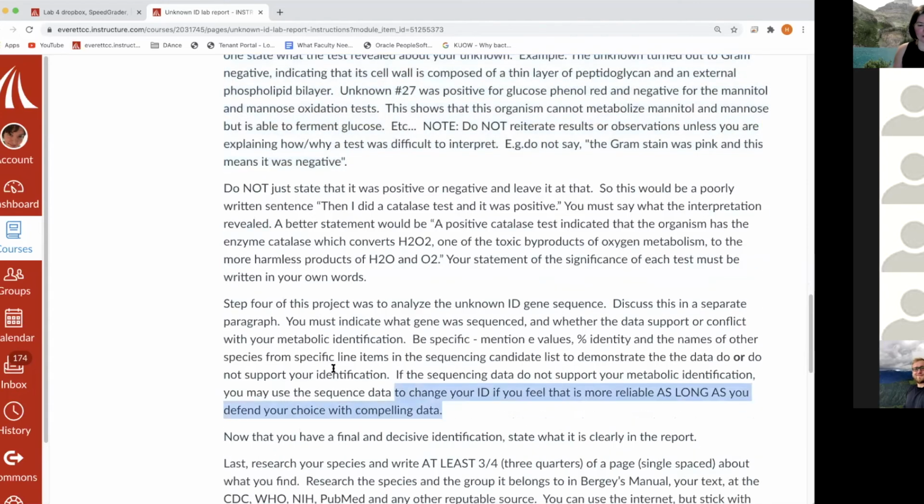This part here is optional, and if you did it, it's fine. But if you don't do it, it's also fine. Because for some reason this quarter, maybe it's just been a harder quarter for many people, a lot of people in the class are a little bit further behind than normal. And so adding this in makes it a bit infeasible and stressful at the end of the quarter to really get everything done. Some people are still working on their ID and they're not finished.